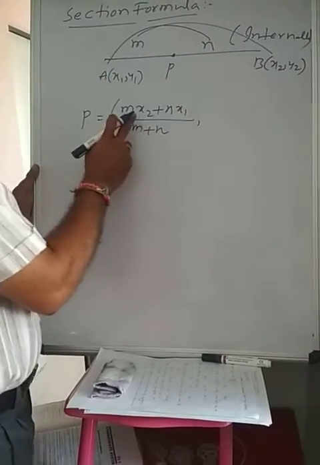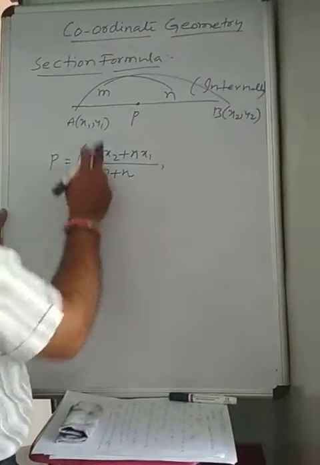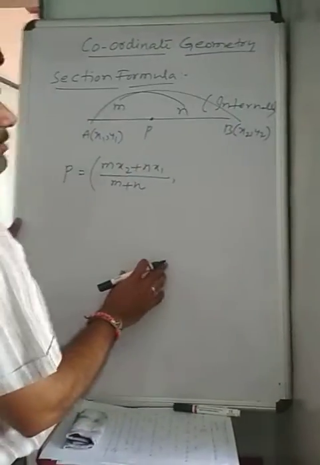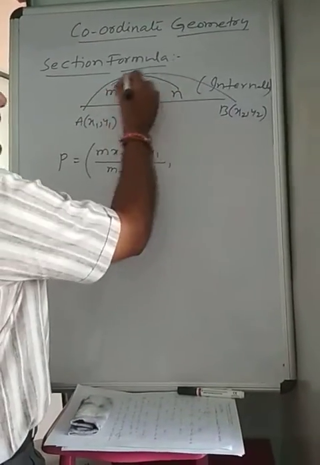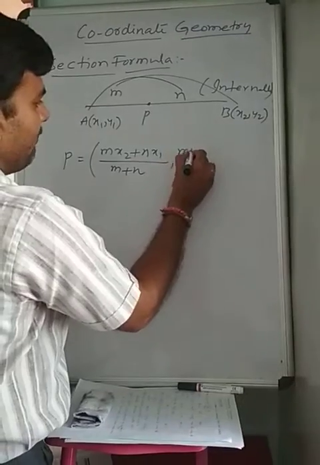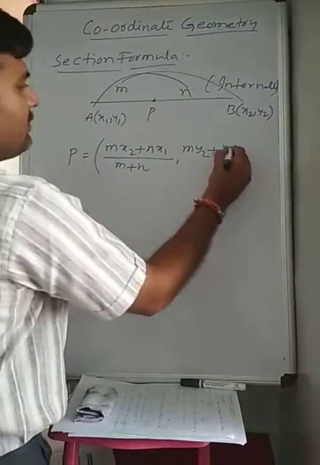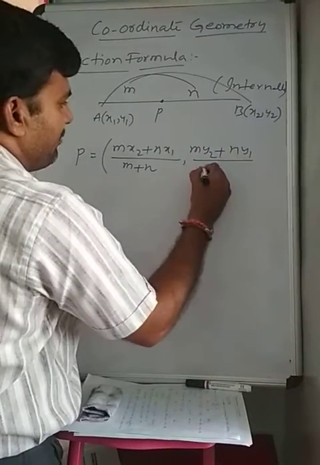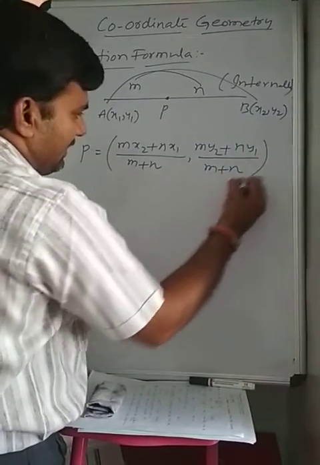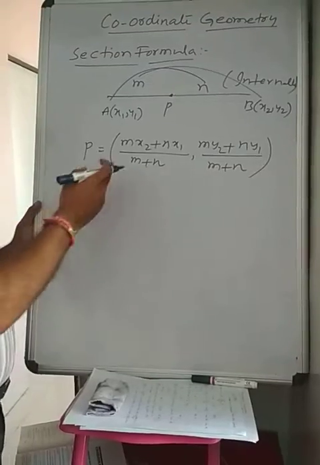Similarly, for the y coordinates, (my2 plus ny1) divided by (m plus n). So it is the section formula.